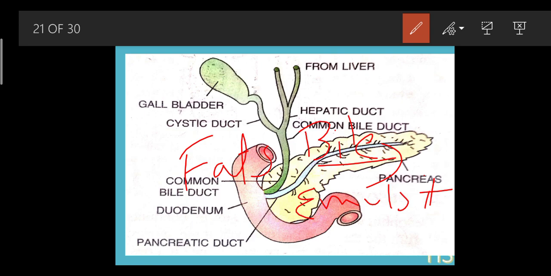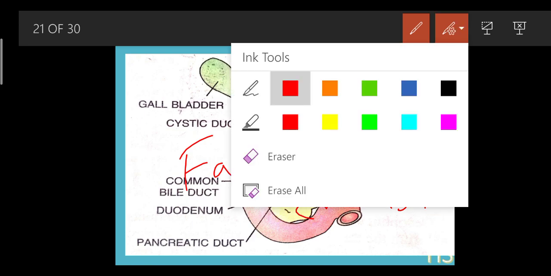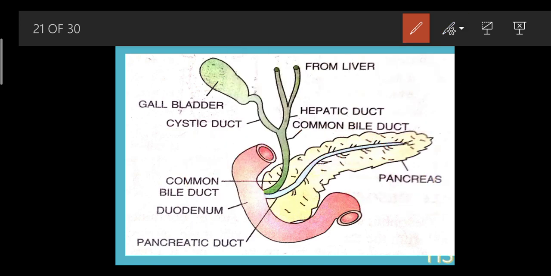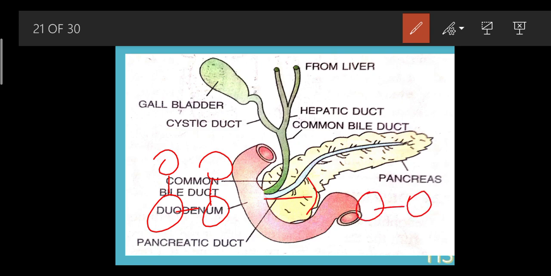The fats have been broken down into smaller parts, not the smallest one. This is a fat molecule, suppose, which is very complex, and now it got broken down. So it has more chance to get broken down further, so that it is easily digestible.